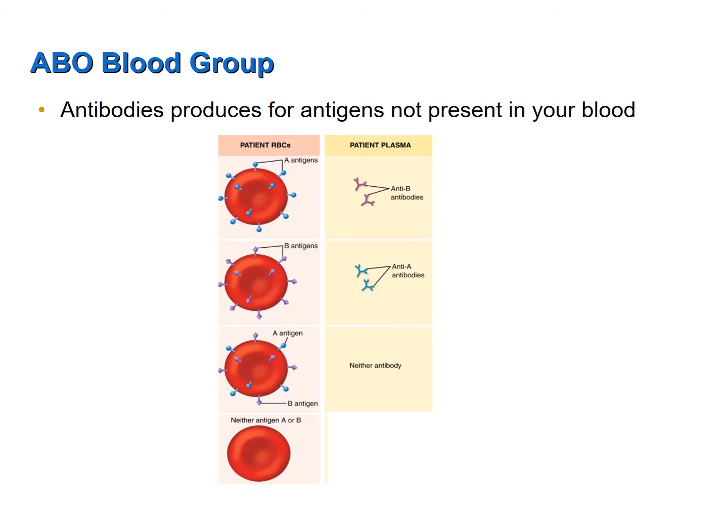If you are O, what kind of antibodies do you think your immune system will produce? Well, if you're O, you contain neither the A antigen nor the B antigen. Therefore, your body will produce antibodies against both A and B, anti-A and anti-B antibodies.